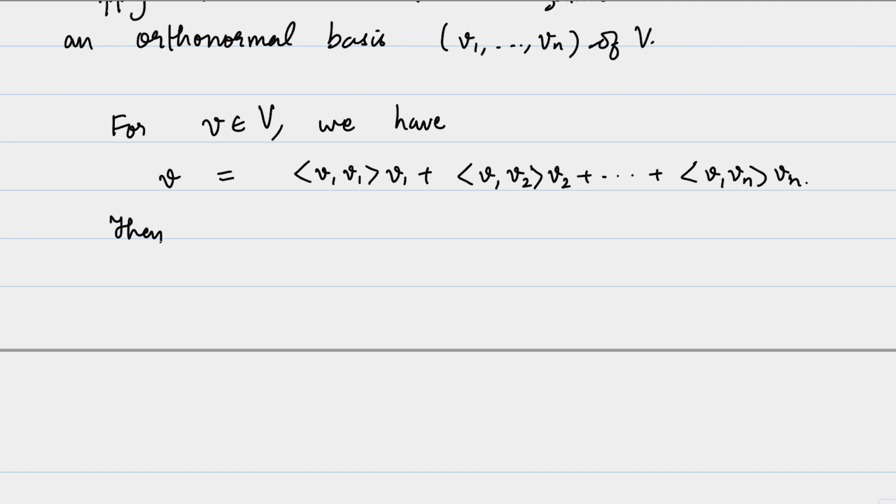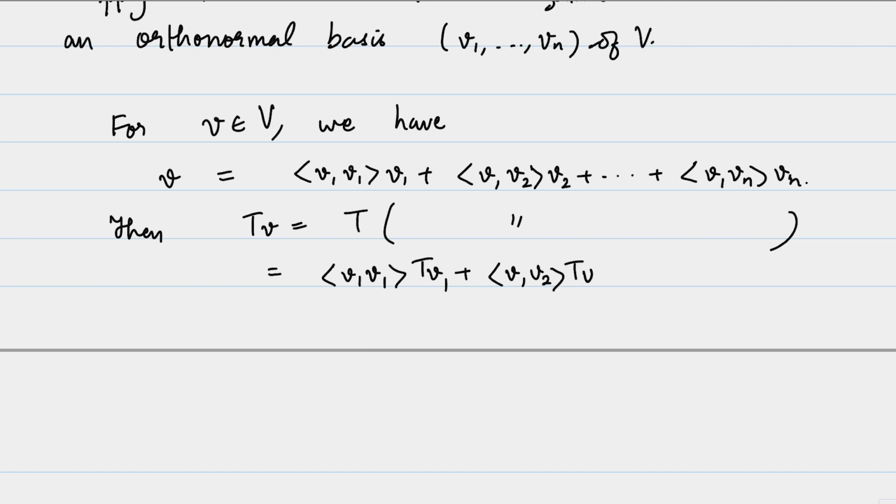Now let's look at what is TV. Then TV is equal to T of whatever is written above. But then T is a linear transformation. So in particular, I'll write down the final stage directly, considering the fact that we are coming towards the end of this course.